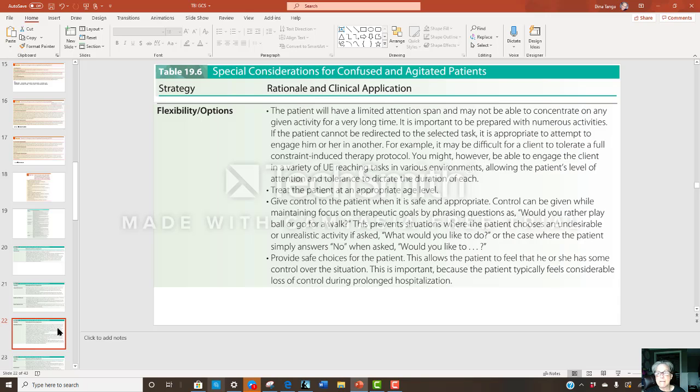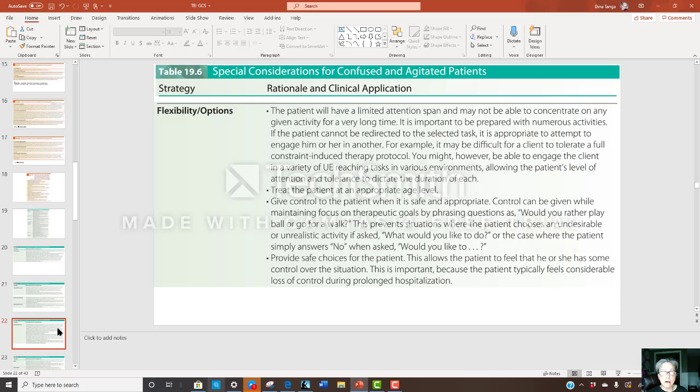For example, it may be difficult for a client to tolerate a full constraint-induced therapy protocol. You might, however, be able to engage the client in a variety of upper extremity reaching tasks in various environments, allowing the patient's level of attention and tolerance to dictate the duration of each. Treat the patient at an appropriate age level. Give control to the patient when it is safe and appropriate.